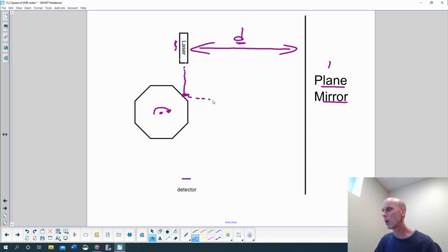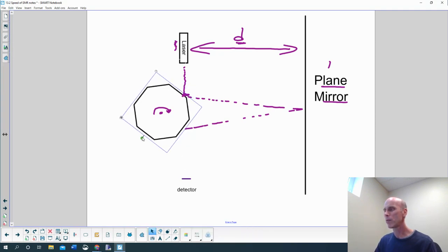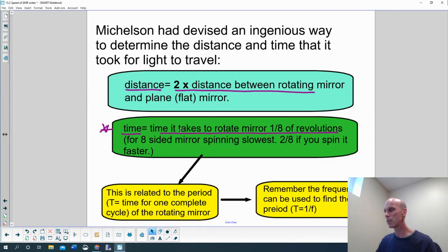The light has to travel all the way there and back. And in the meantime, somebody has to spin this mirror exactly 1/8 of a revolution so that this side of the mirror is in a position to reflect it to the detector. So the time is the time it takes to rotate the mirror 1/8 of a revolution.